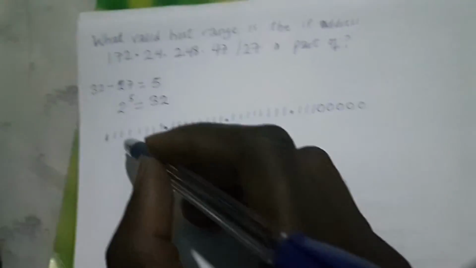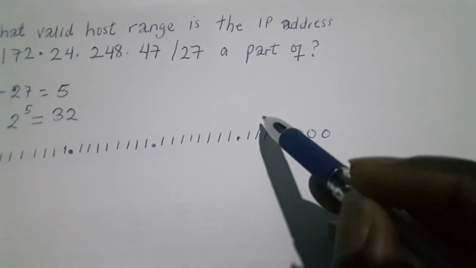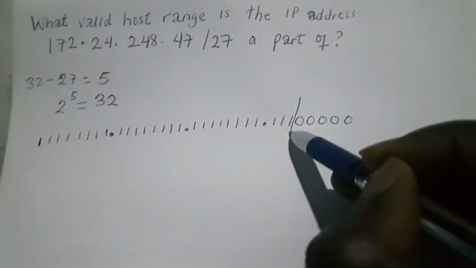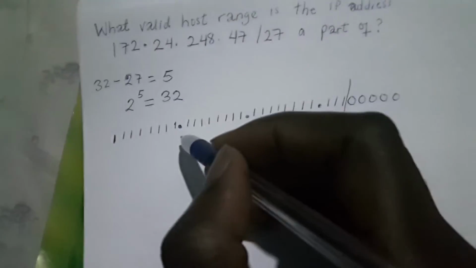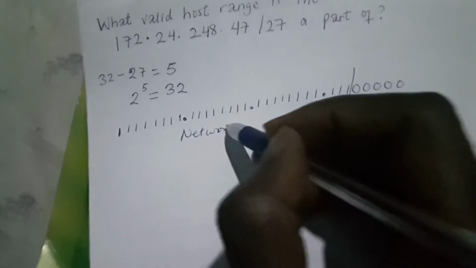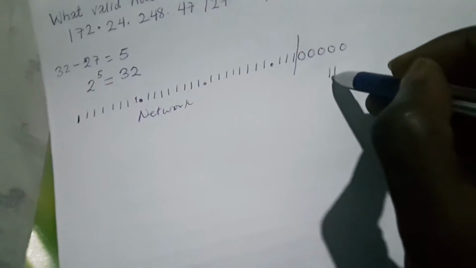Now from what we have, we are going to draw a line right here. Remember, all of this on the left is the network bits, and this on the right is the host. Where I draw the line is where the host bits start.